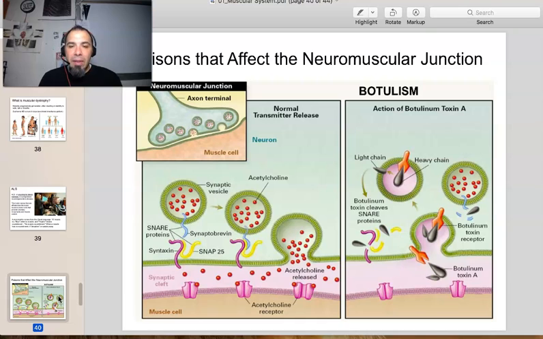What will happen is that the vesicle will fuse to the membrane and release acetylcholine. What botulism does, it goes in and cleaves that snare protein. It changes that snare protein. So the botulinum toxin binds up as opposed to the acetylcholine.